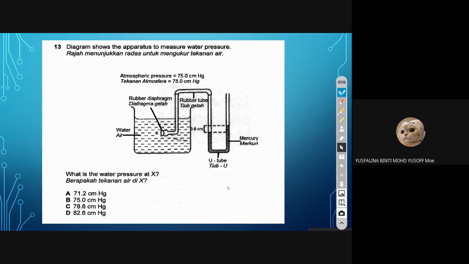For this one, the pressure of the water is higher than atmospheric pressure, so you have to add. 75 plus 3.8, so you get 78.8. Because the water pressure is higher than the atmospheric pressure, you add the atmospheric pressure with the difference in length between the two sides of the mercury here. So 3.8, and you get 78.8.